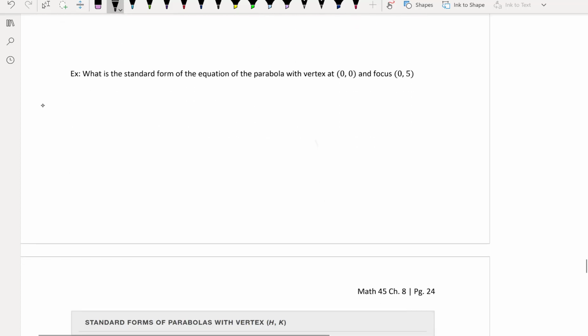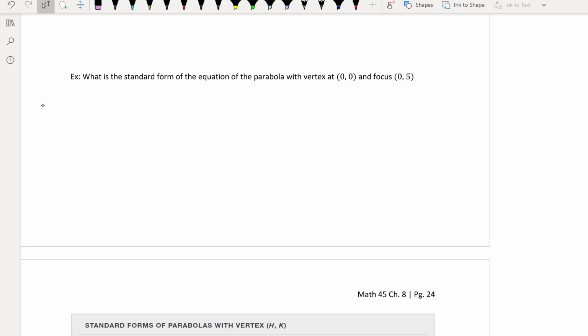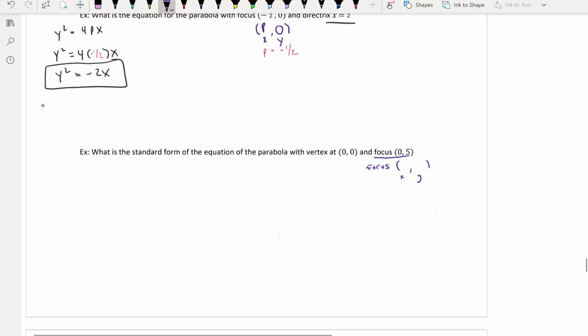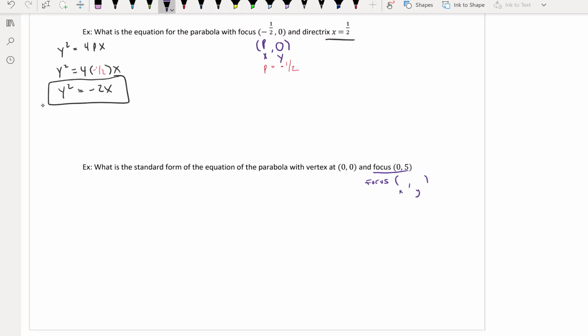Okay? So now for the second equation, it says, what is the standard form of the equation of the parabola with vertex 0, 0 and focus 0, 5? So now the focus is different. Now I'm looking at the focus with the ordered pair x and y, and I have that the x value now is 0.